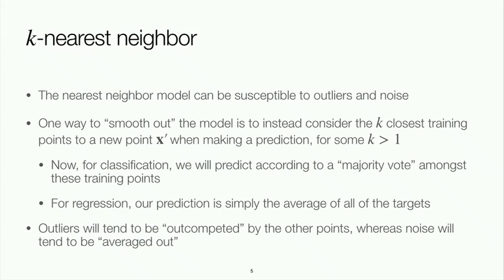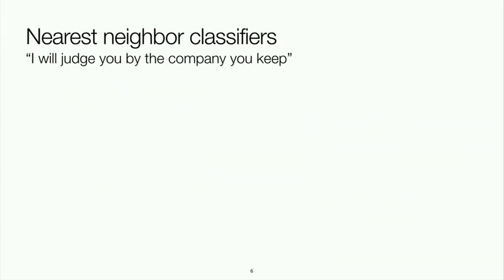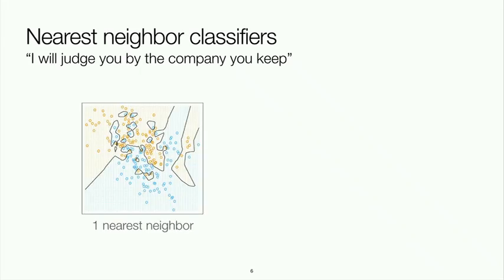We can actually see this pretty clearly based on some of the plots that I showed you in lecture 1. In lecture 1, I showed you this toy data set with blue points and orange points, and then we drew different types of decision boundaries between the blue and the orange. One of the ones that we drew was this one nearest neighbor boundary.